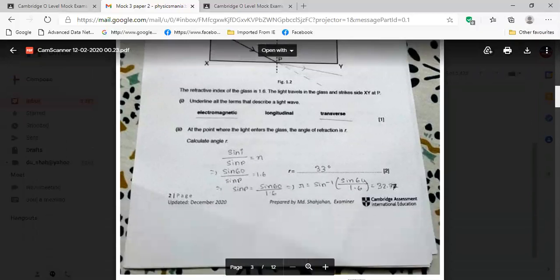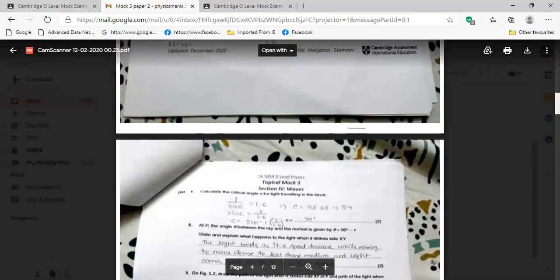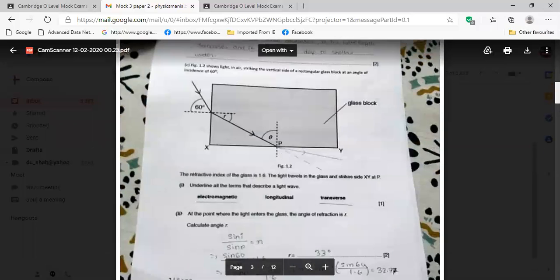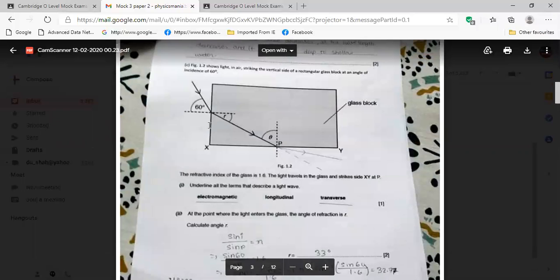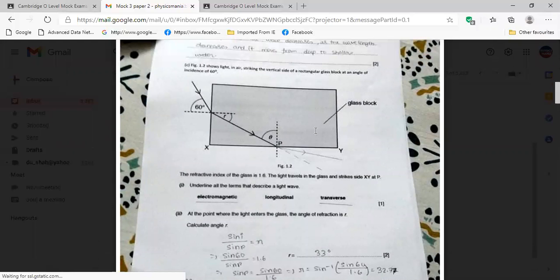How much? 57. Look, this normal and this line are parallel, right?